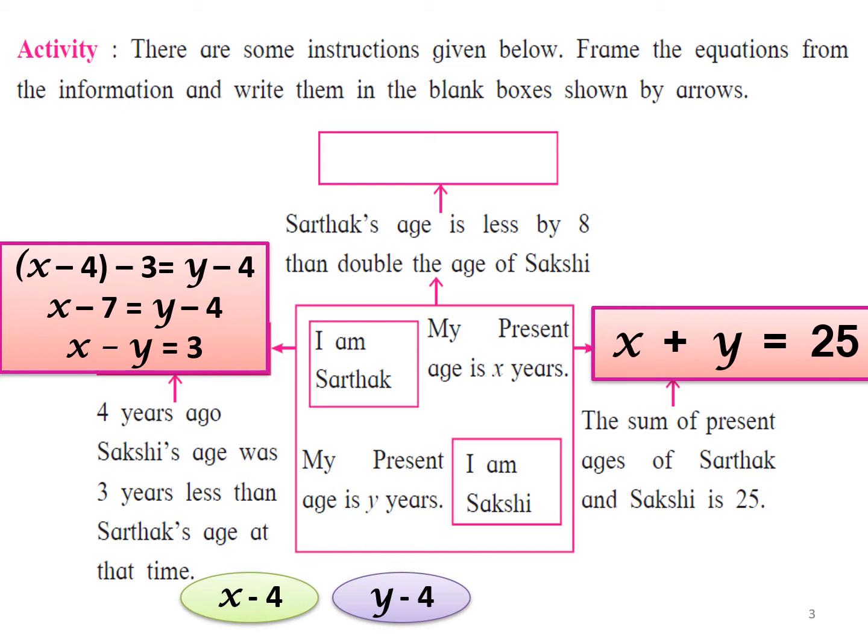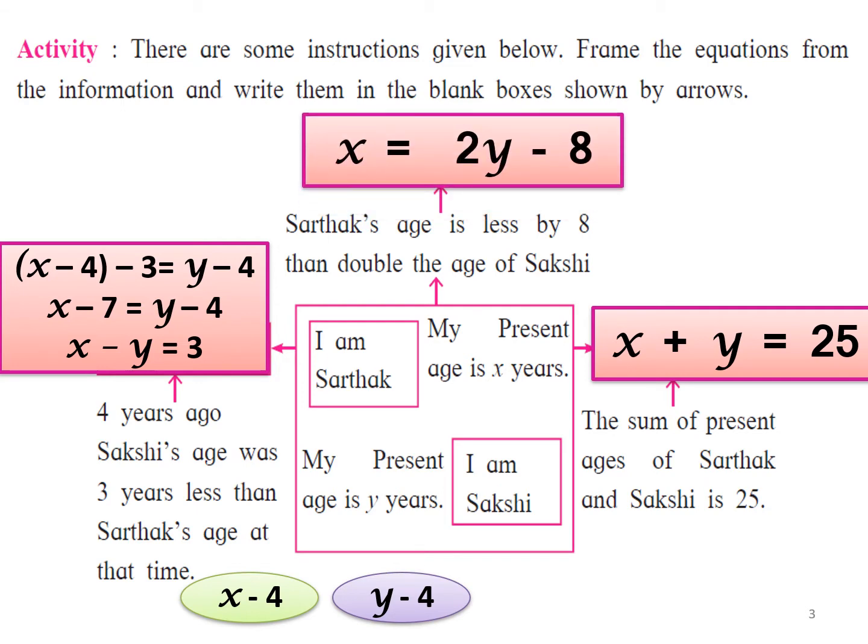Now the equation on the top: Sarthak's age is less by 8 than double the Sakshi's age. Now, what is Sarthak's age? It is nothing but x, which is equal to double the Sakshi's age.